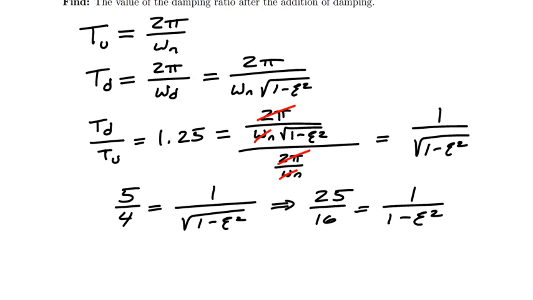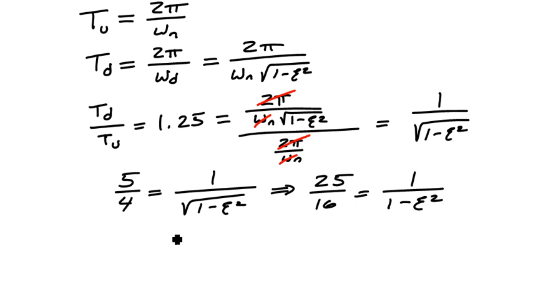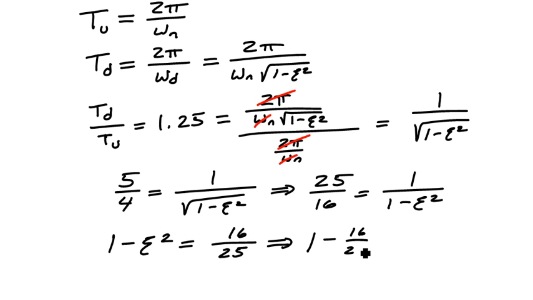And I can invert the fraction here to get that 1 minus zeta squared is going to equal 16 over 25. I can then move this equation around and rearrange it. So I'll have 1 minus 16 over 25 is going to equal zeta squared.